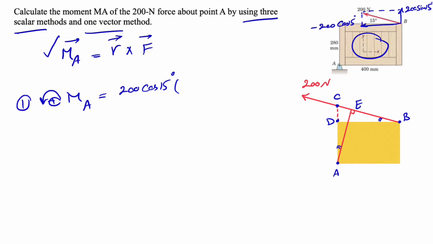So that was the force, and the distance that we have is the vertical distance to the line of action, which is the 280 millimeter. We're going to divide it by 1,000 in order to get it in meter. And the force is obviously Newton.